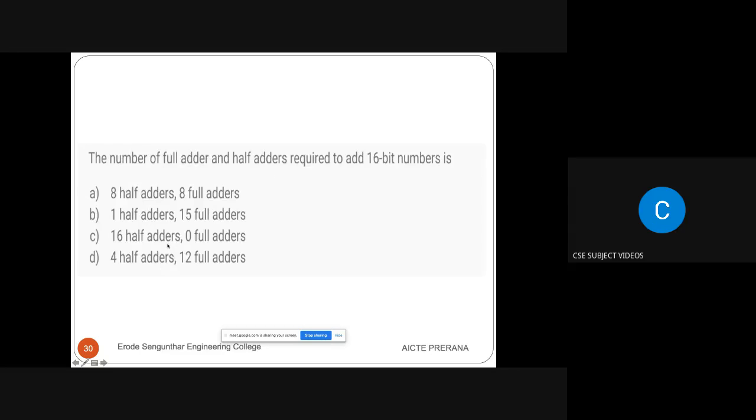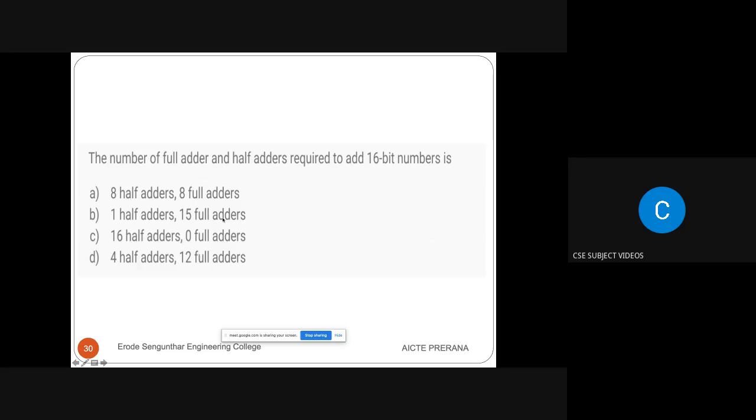So the solution for this question, the number of full adders and half adders required to add a 16-bit number, is this one. B is the answer: 1 half adder and 15 full adders.